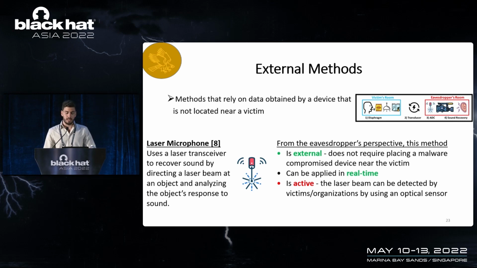The laser microphone's biggest advantages are that, first of all, it's external, which means it does not require placing any malware near the victim, and second of all, it can be applied in real time.